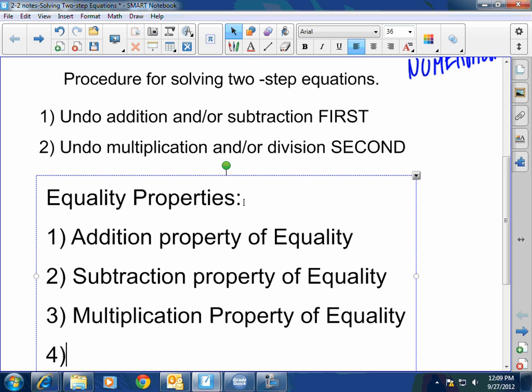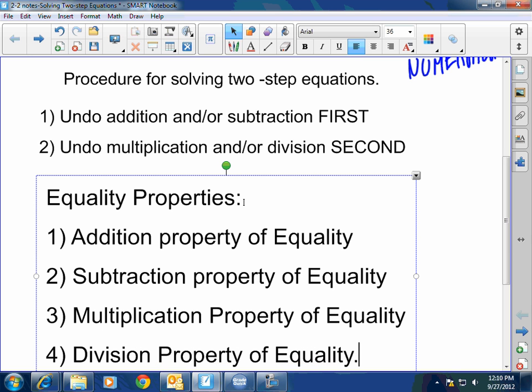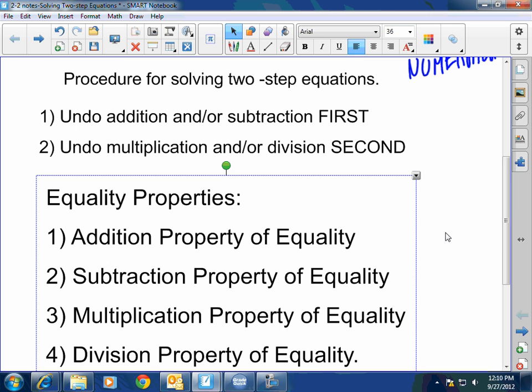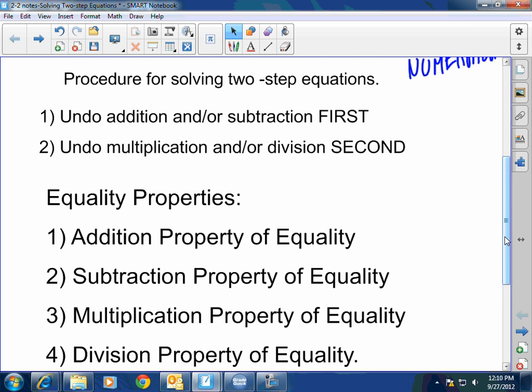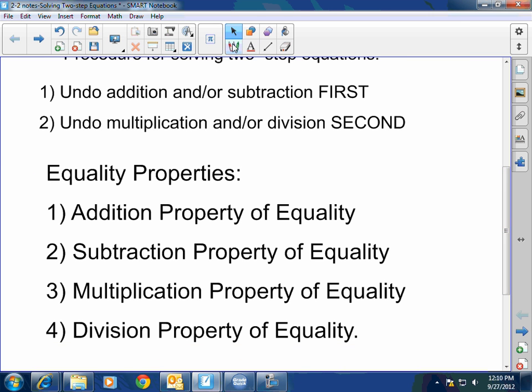And if I divided something to both sides, I did that because I used the division property of equality. Does that make sense, boys? Okay, and all of these, like I said, come from the additive or multiplicative inverses. Please remember that vocabulary is very important. Okay, so you must know this.